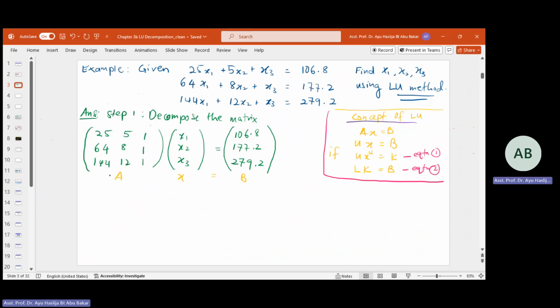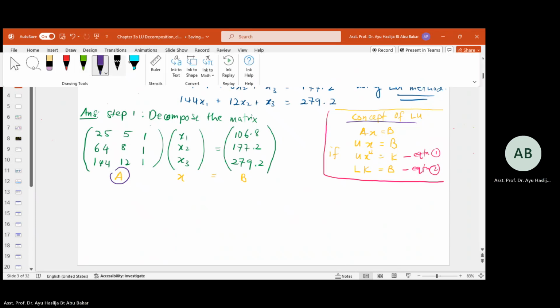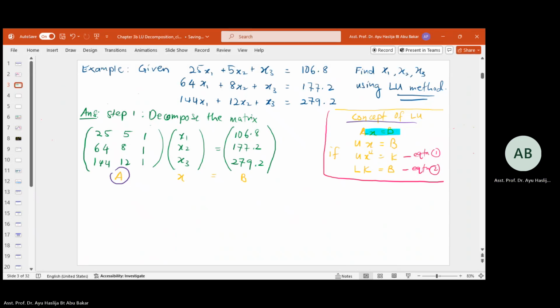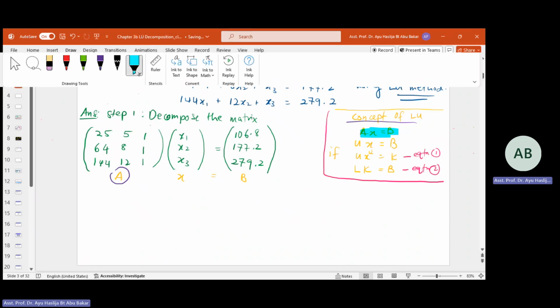You should know the label of your matrix, because later on this one will be used in the equation over here. Wait, let me make it clearer.